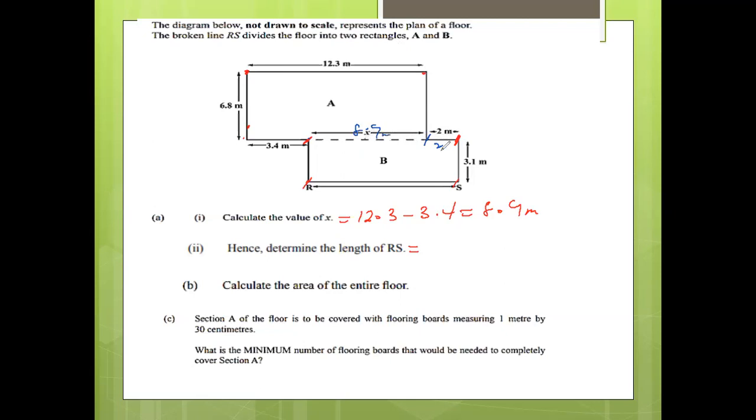So you add the 8.9 with the 2, and that will give you from R to S. So that'll be 8.9 meter plus 2 meter. What do we get? 10.9 meter, right? I am hoping that everybody has copied the question, right?